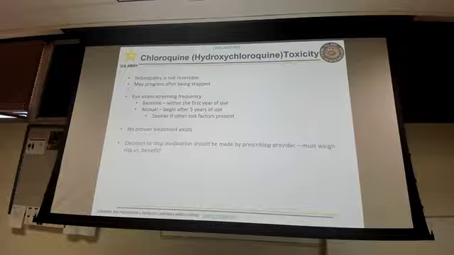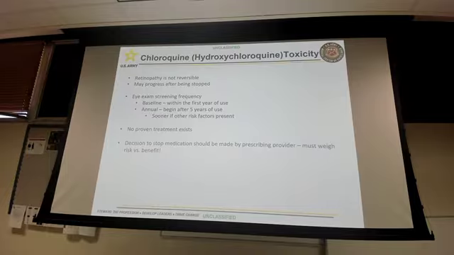With the maculopathy, there is no proven treatment. So if I see it, I would not be the person that would discontinue the medication. I would reach back to the PCM or the prescribing provider, and that would be a discussion between the patient and their prescribing provider.